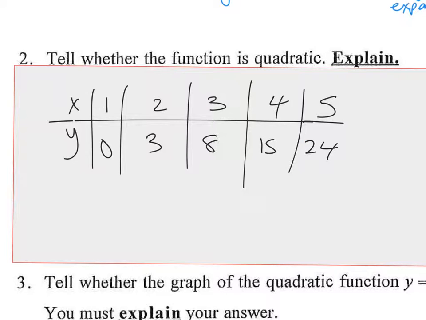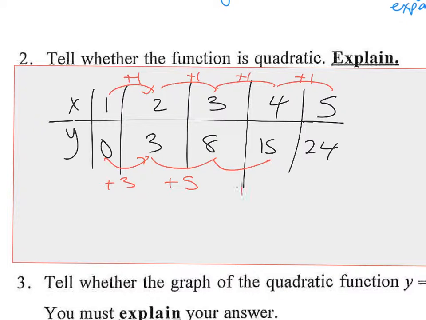So if I had this table of values, if I was asked to see if it was a quadratic, I would once more look at the change of x. So I went up by 1, up by 1, up by 1, up by 1. So far, so good. My change of y, I went up by 3, up by 5, up by 7, up by 9.